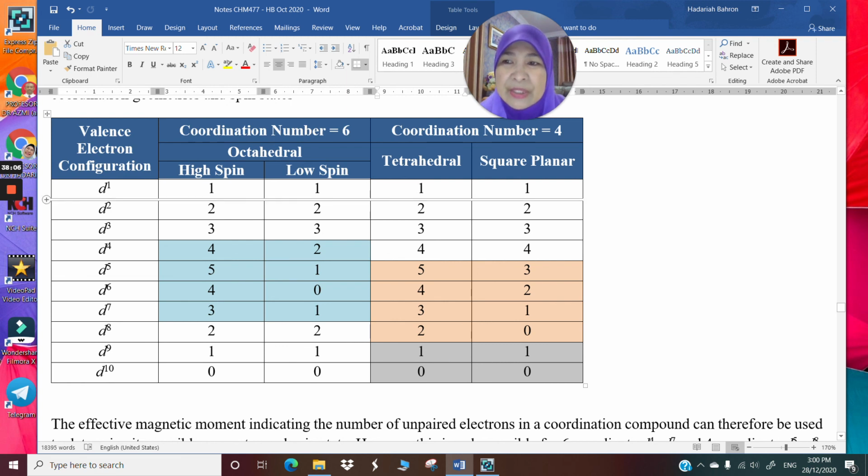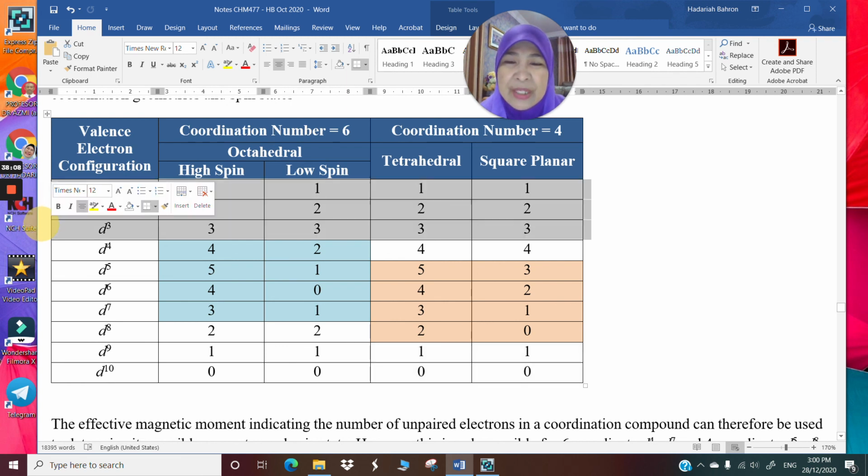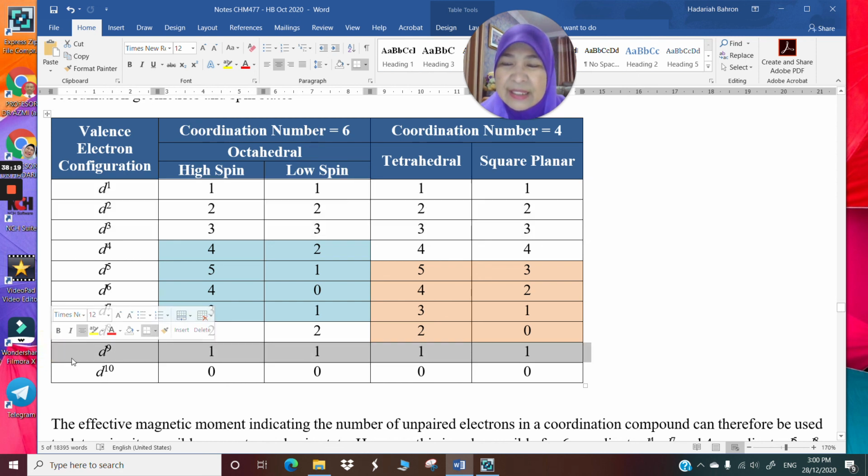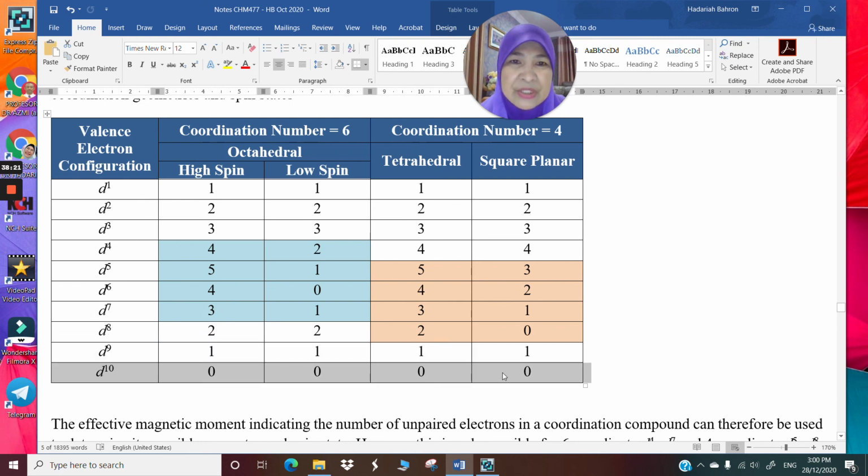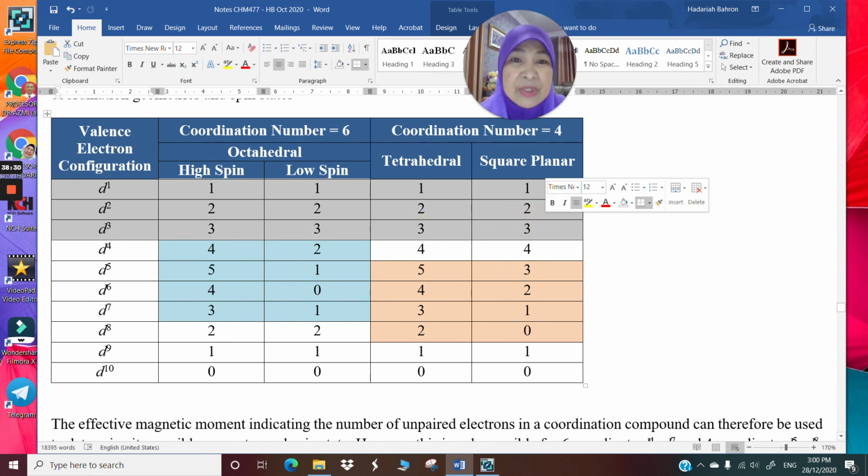So in summary, looking at these values, D1, D2, D3, as well as D9 and D10, you're not going to be able to distinguish between the geometries.